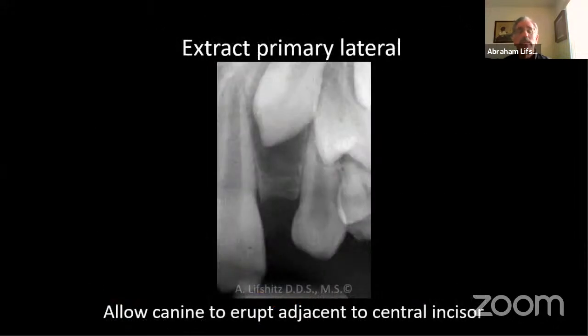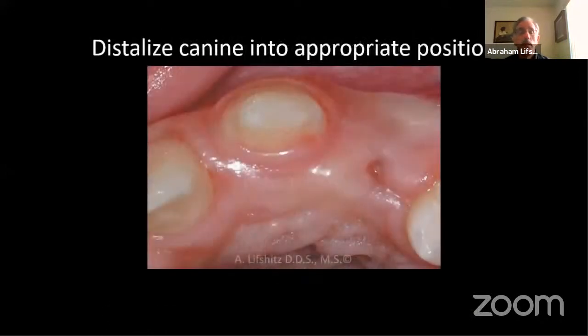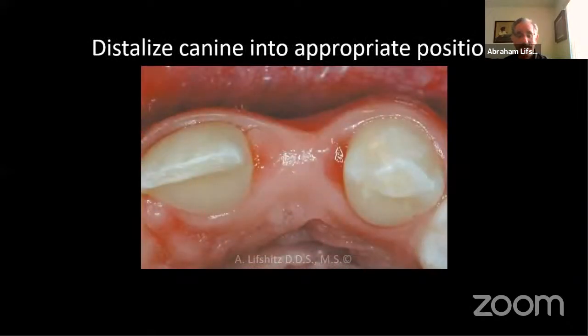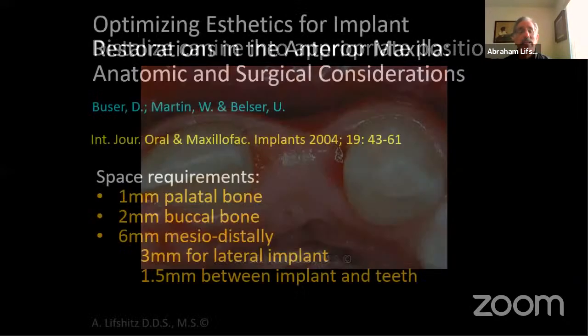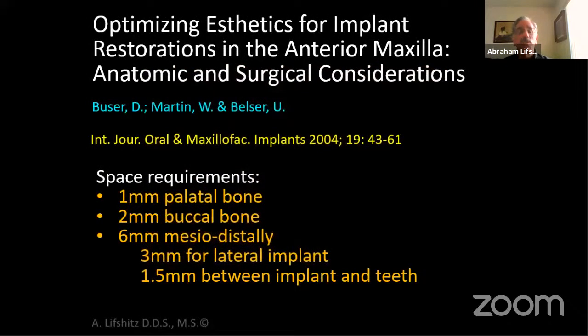So we allow the canine to erupt adjacent to the central incisor. We can distalize the canine into the appropriate position. And then we need some space requirements. We need 1 millimeter of palatal bone, and we need 2 millimeters of buccal bone.